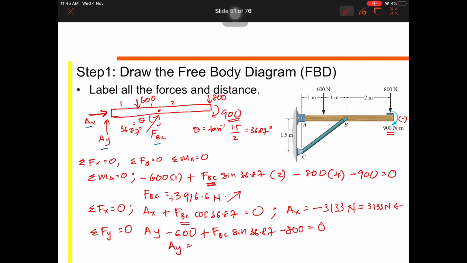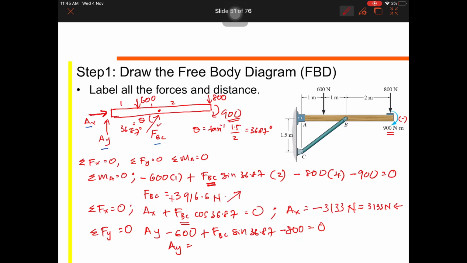So you get the answer AY is equal to 600 minus 3916 sine 36.87 plus 800.